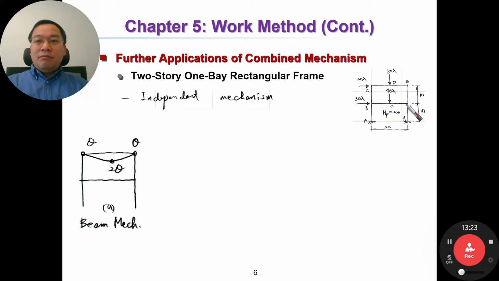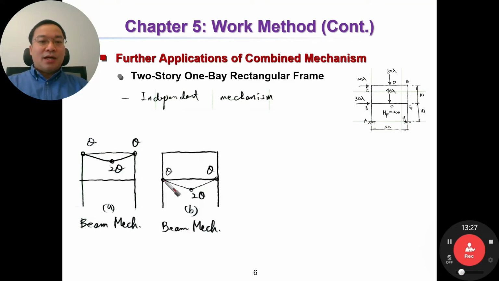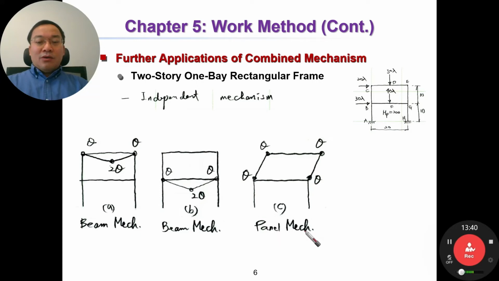Beam BG, beam mechanism number 2 at the first floor beam, the second beam mechanism. What else? The panel mechanism of the second floor, the upper floor mechanism. Then we have panel mechanism, or mechanism C.